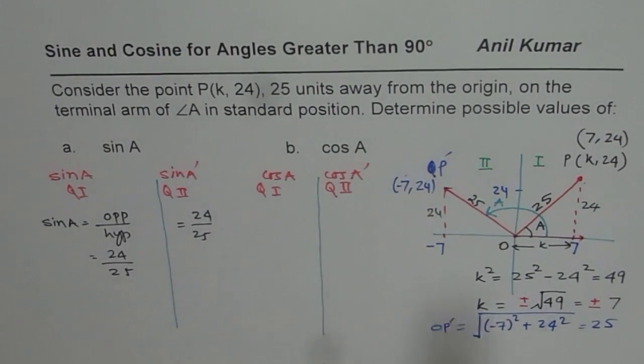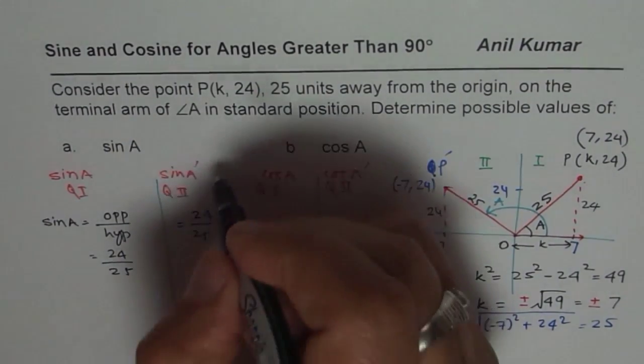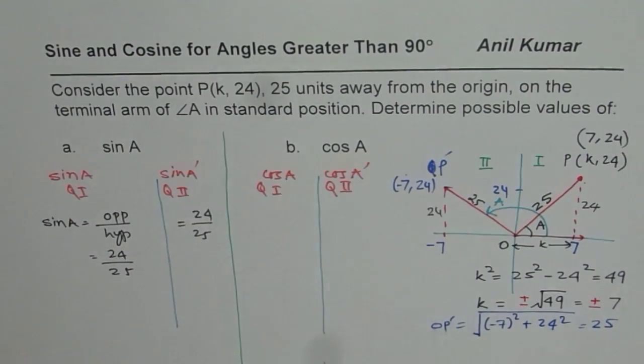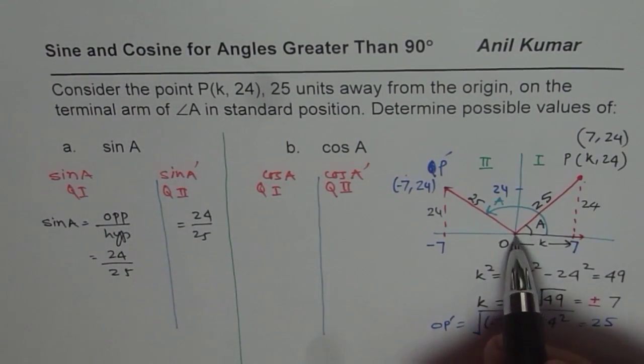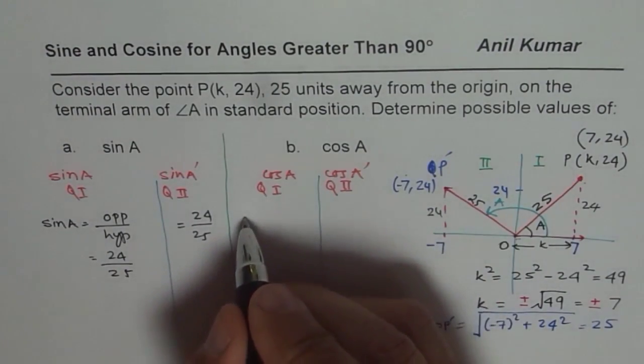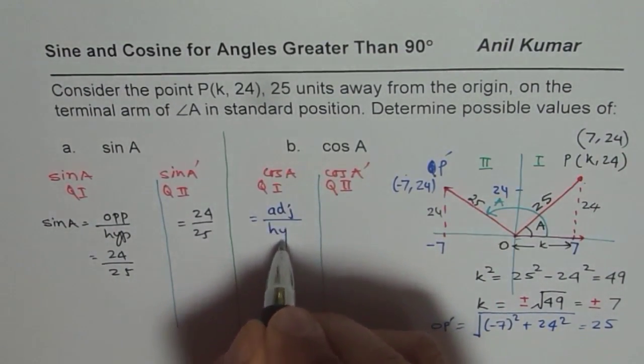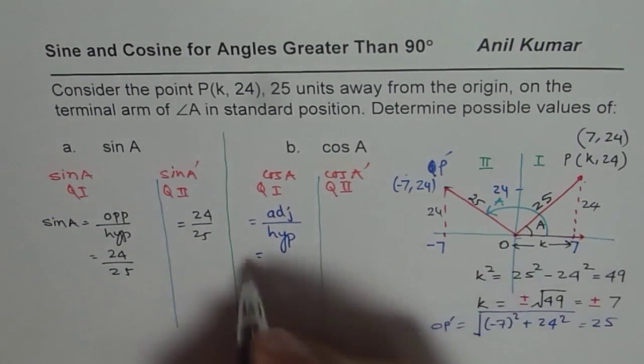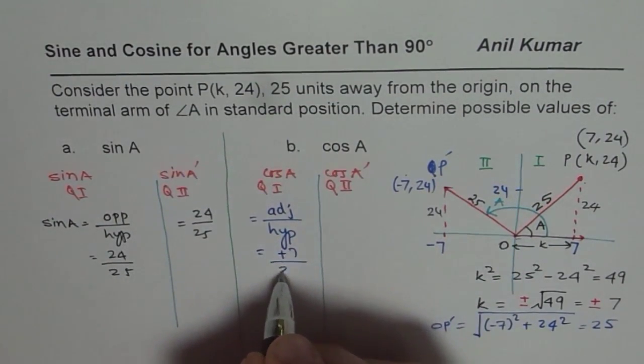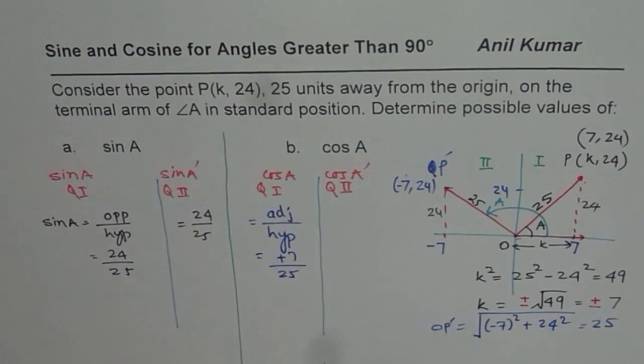But let's find the cosine values for each. In the first quadrant, cos of A is equal to adjacent over hypotenuse. Adjacent is plus 7 over 25, so you get positive 7 over 25.